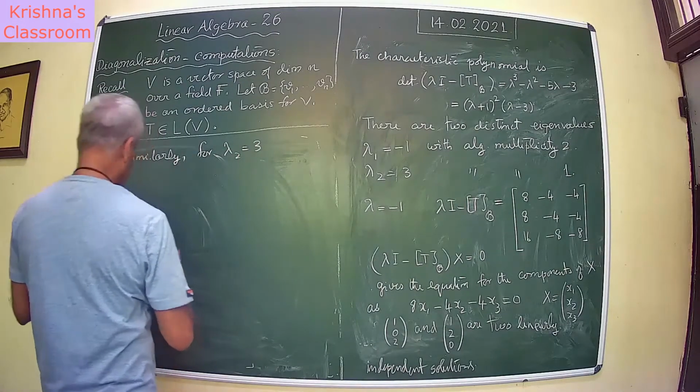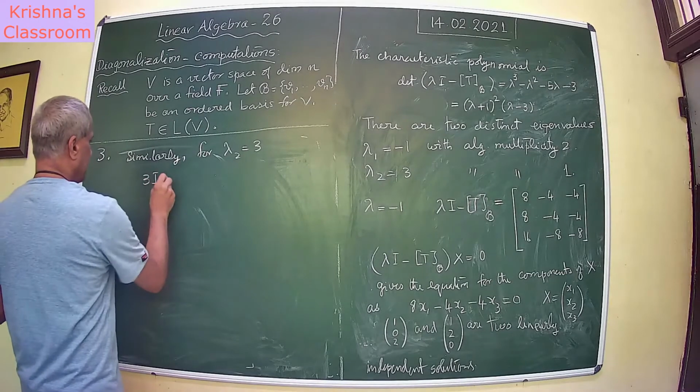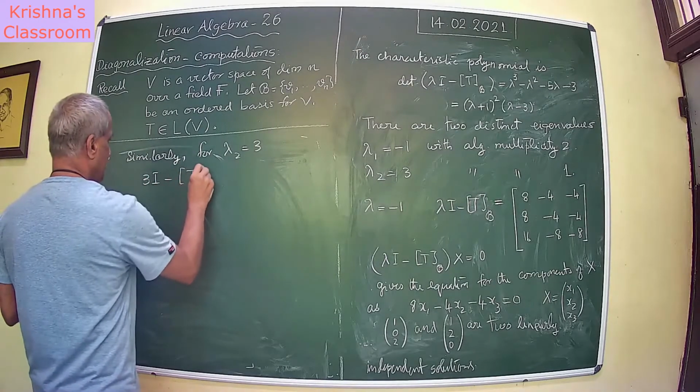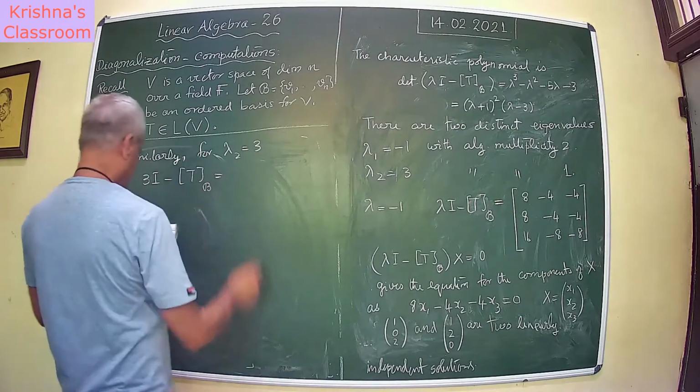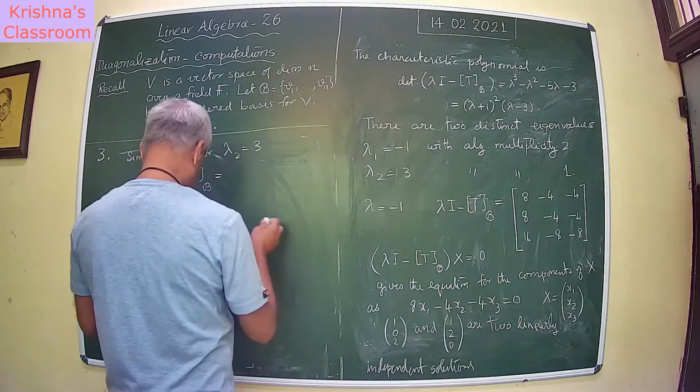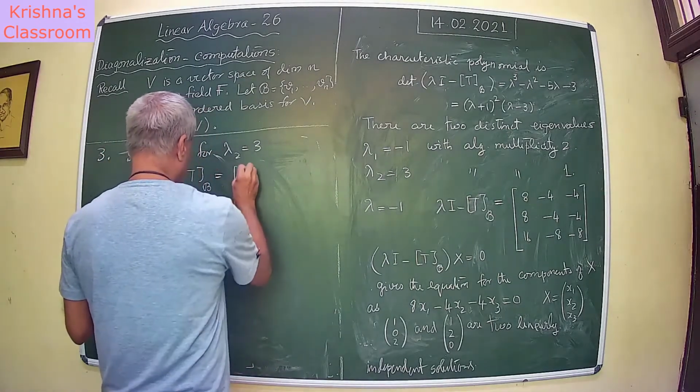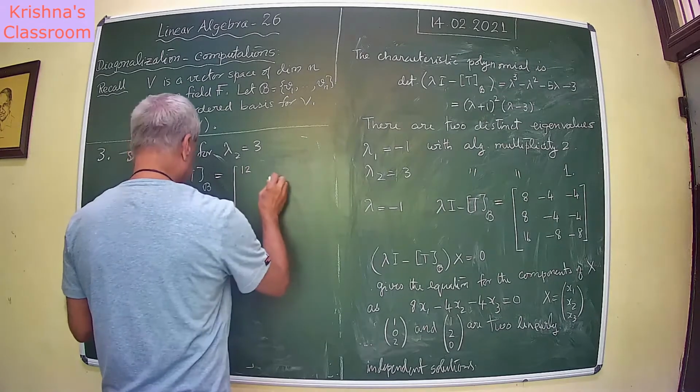We have 3I minus A, and this is equal to 12.